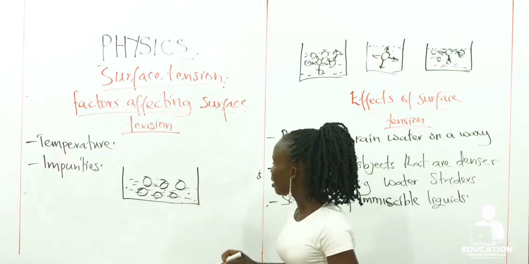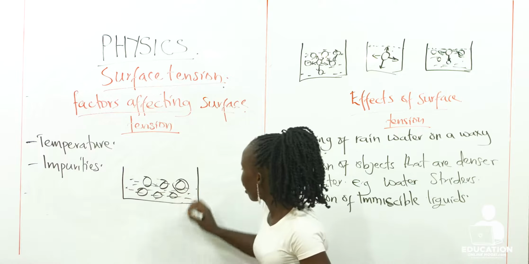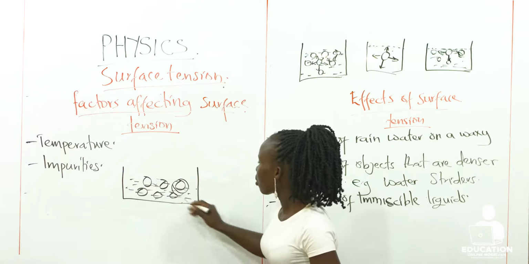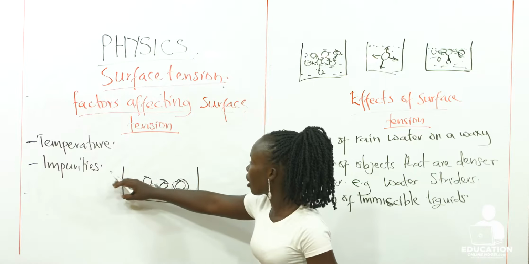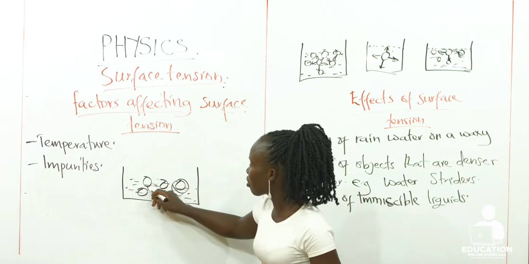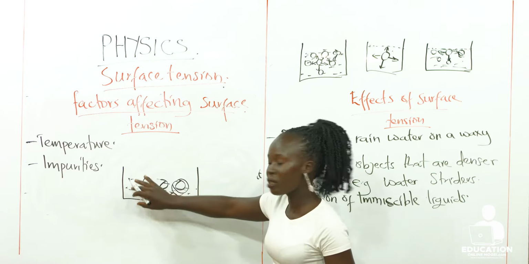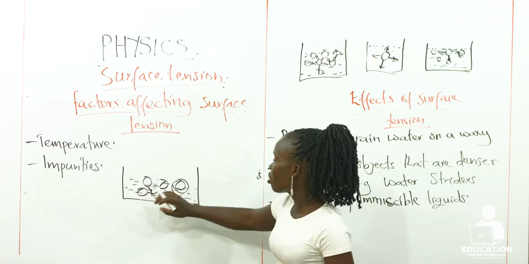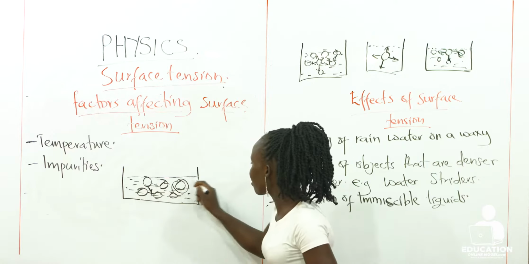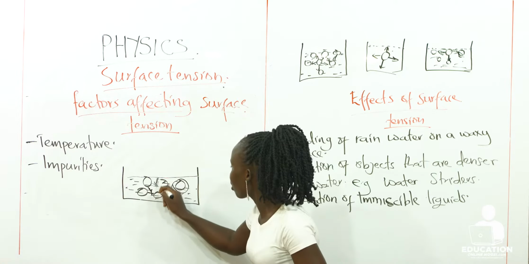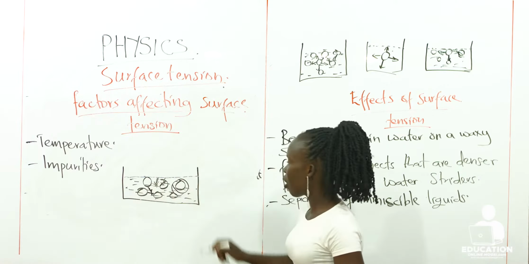You'll see that this one will tend to come and circle up the water molecules. As it is trying that, it will break the intermolecular forces, the cohesive forces that are in between the liquid molecules. As it breaks that, it is going to reduce the inward force that was creating this tension right at the surface of the liquid.